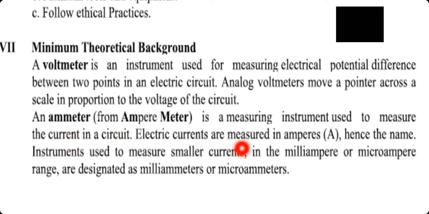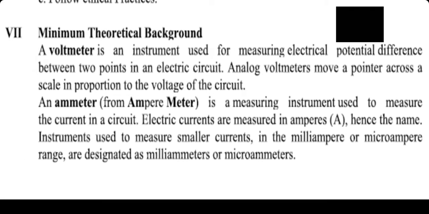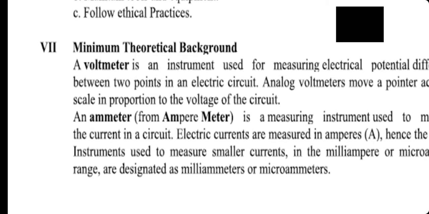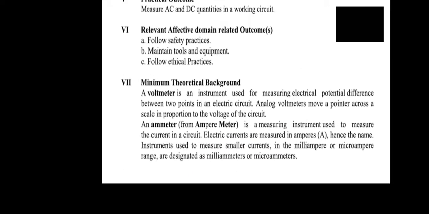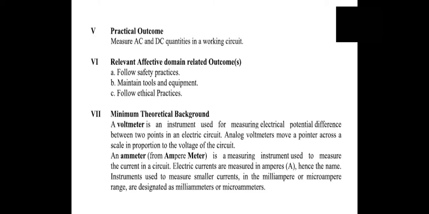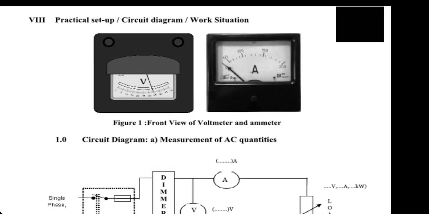Electric current is measured in amperes, hence the name ampere meter or ammeter. Instruments used to measure smaller currents in the milliamperes or microamperes range are designated as milliammeters or microammeters.